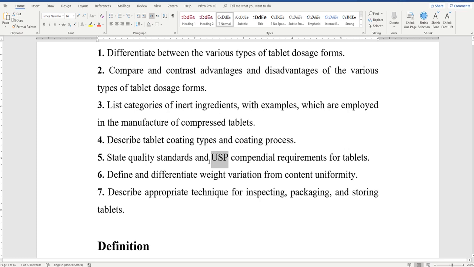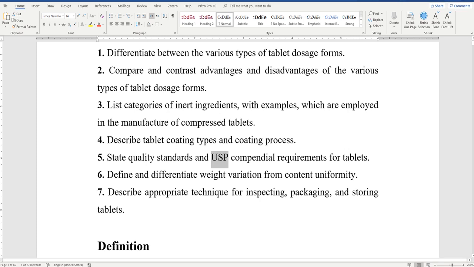We have other pharmacopoeial requirements such as those in the European Pharmacopoeia, British Pharmacopoeia, Japanese Pharmacopoeia, Indian Pharmacopoeia, and there is the International Pharmacopoeia. There are different pharmacopoeias and we need to address one of them when we prepare tablets.